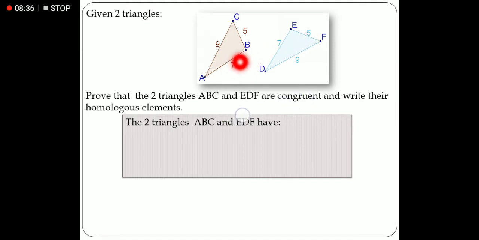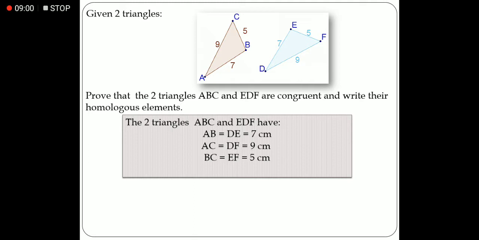Similarly, AB equals 7 and DE equals 7, then AB equals DE. And AC equals DF equals 9 centimeter.